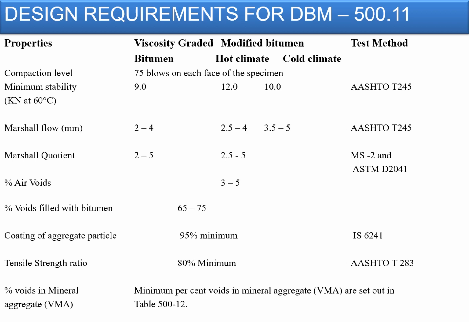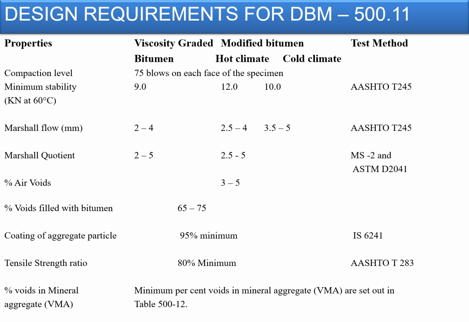Then you need to see the Marshall flow, which ranges from 2 to 4 for viscosity grade bitumens, 2.5 to 4 for modified bitumens under hot climatic conditions, and 3.5 to 5 for modified bitumen under cold climatic conditions. Again, the test is conducted as per ASTM D6927. Then you need to check the percentage air voids, which is in the range of 3 to 5% for all these cases. Percentage voids filled with bitumen should be in the range of 65 to 75.